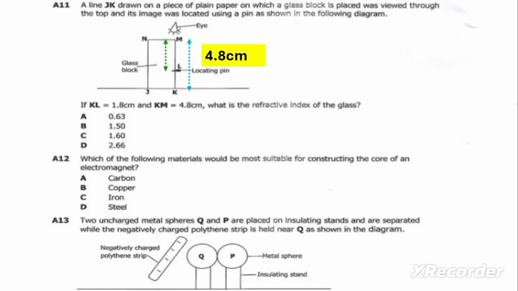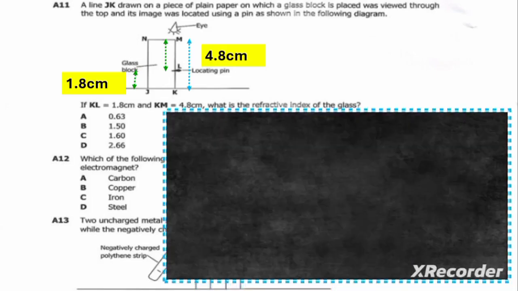Let us find the apparent depth. This is the apparent depth. To find it, we are going to subtract 1.8 from 4.8. Let us come up with the correct data.